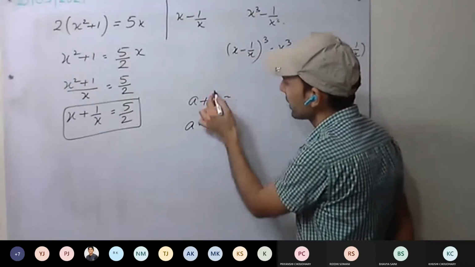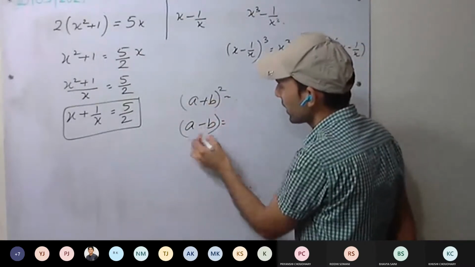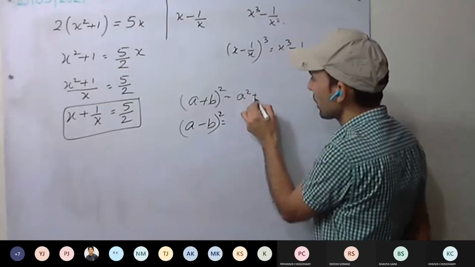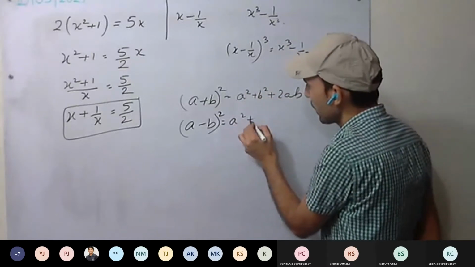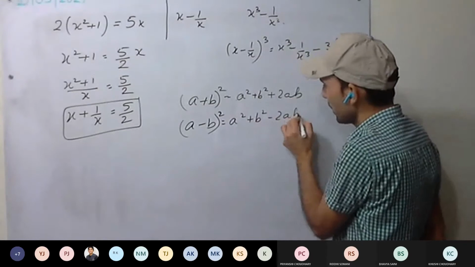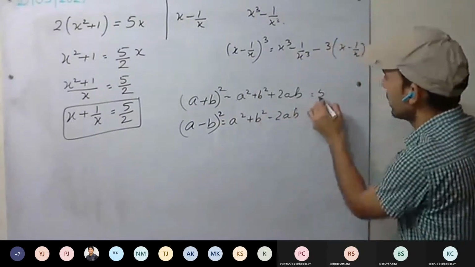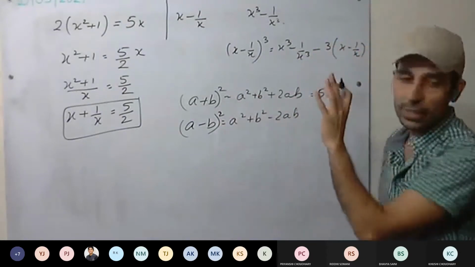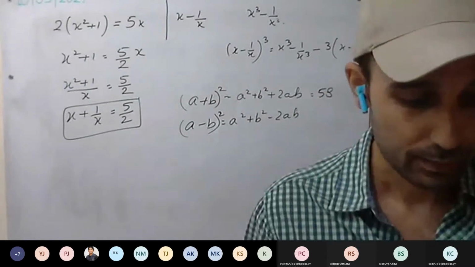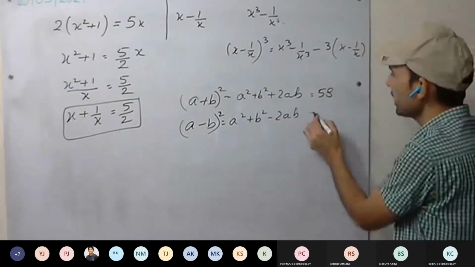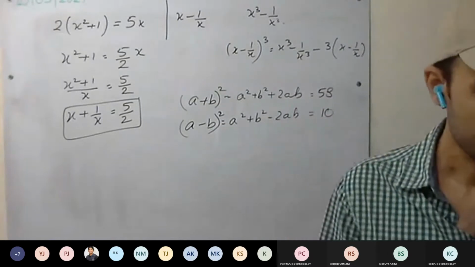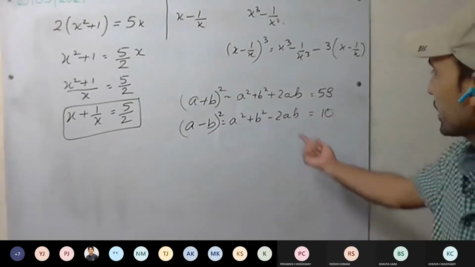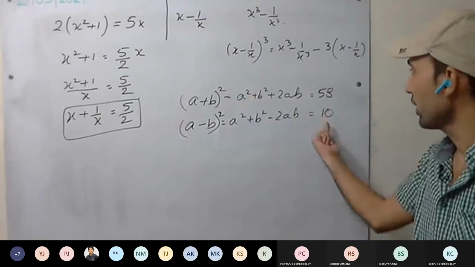What we require is a plus b the whole square. This you can calculate: a square plus b square plus 2ab, and a square plus b square minus 2ab. Put the values here, you will get it. So a plus b the whole square, you will be getting 58, and a minus b the whole square, you will be getting 10. Now you have to just substitute that, and you can calculate the next one. The square only we have to calculate.